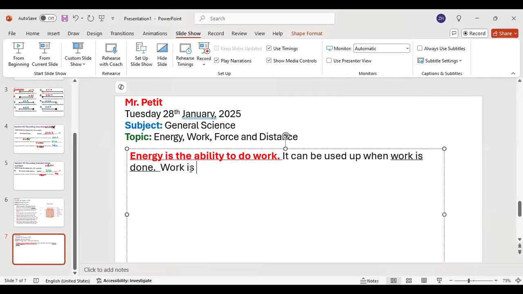Work is something done when a force is applied to an object in the direction of the force.